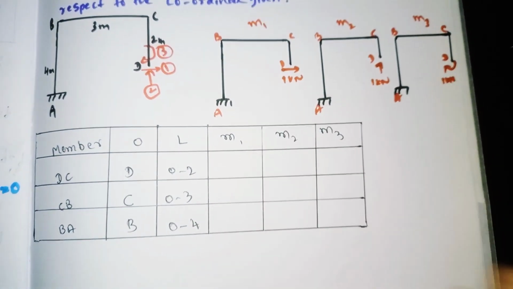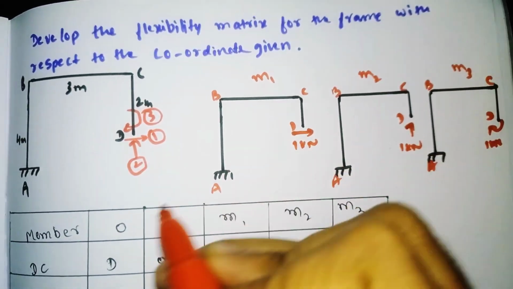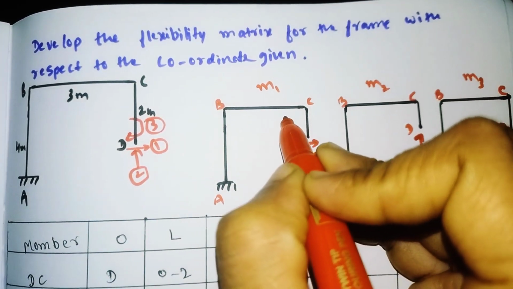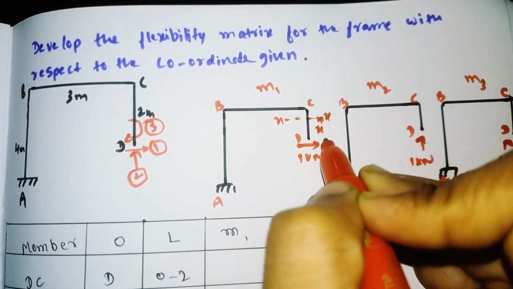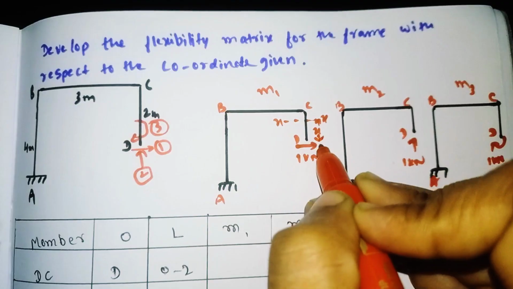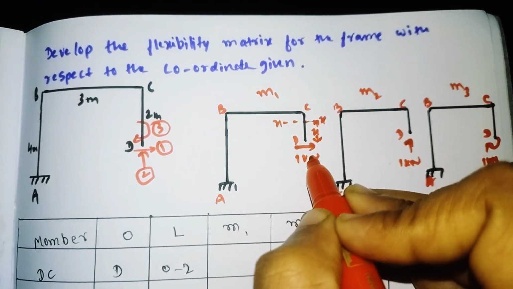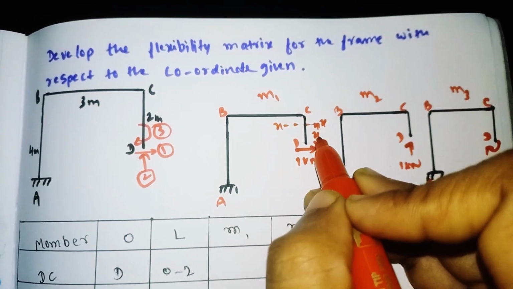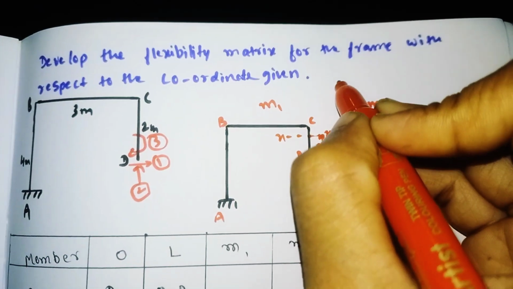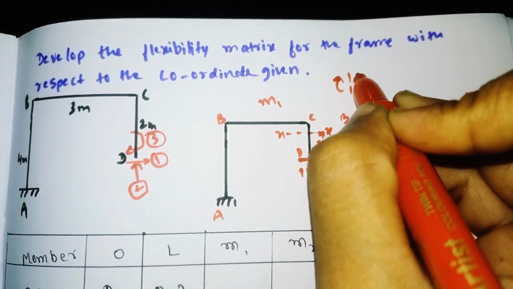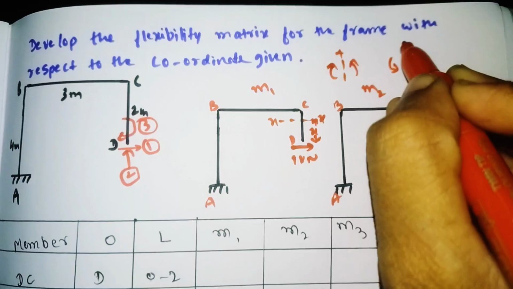To find M1, see here. For the DC member, if you cut the section at a distance of x from the origin D, the 1 kilonewton unit load is acting at distance x, so 1 into x. It is going upward, no? For sign convention, upward we need to take as positive, and downward we need to take as negative.